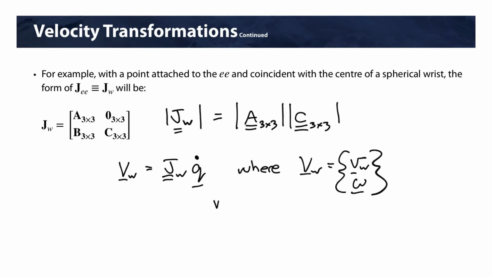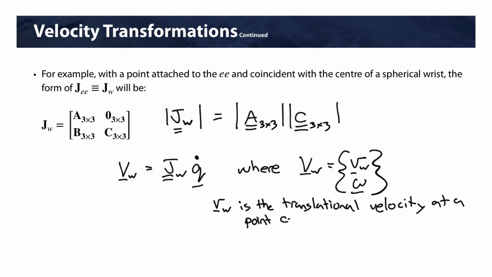So we can make a note: V_W is the translational velocity at a point coincident with the wrist center. Okay, so now we could use this formulation.